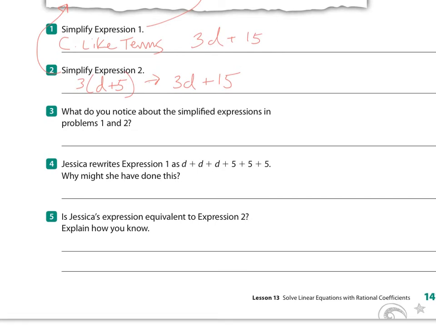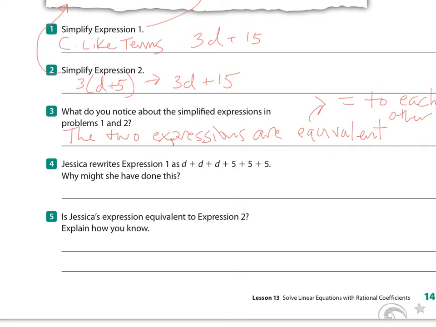Well, in fancy math words, we could say the two expressions are equivalent. My handwriting is not that great. The two expressions are equivalent, right? Equivalent is a word you're going to see a lot. That means they are equal to each other.